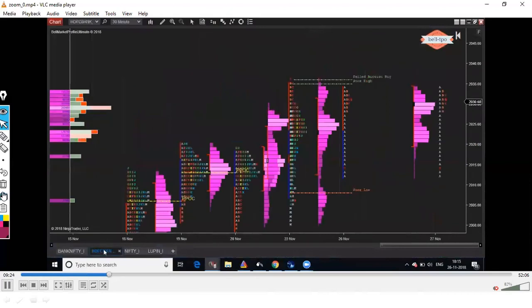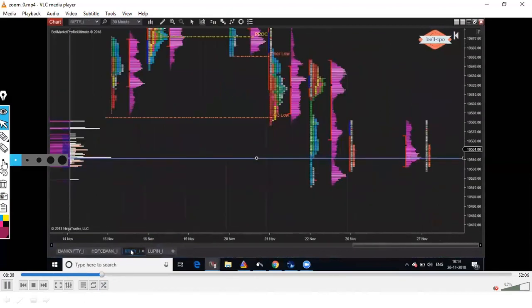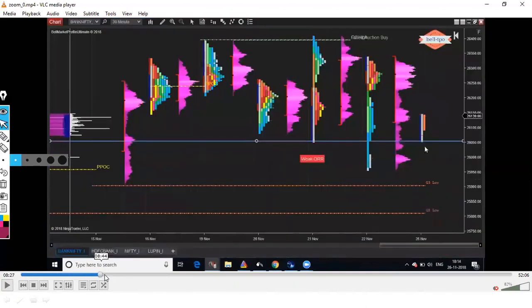Okay, here we go. Right, so look into this picture. This is in Bank Nifty. On the 22nd and 26th, there are G2 lows. In fact, there is one more G3 low. There are three G3 lows in a row. I still remember none of the G3 lows got cleared.